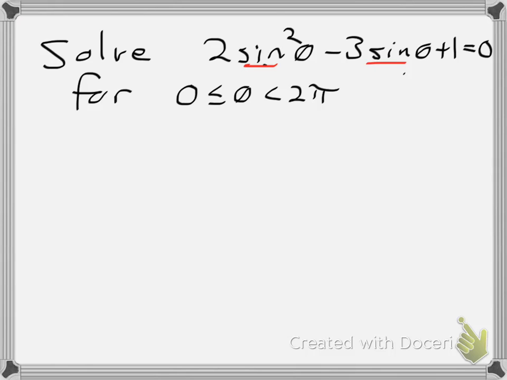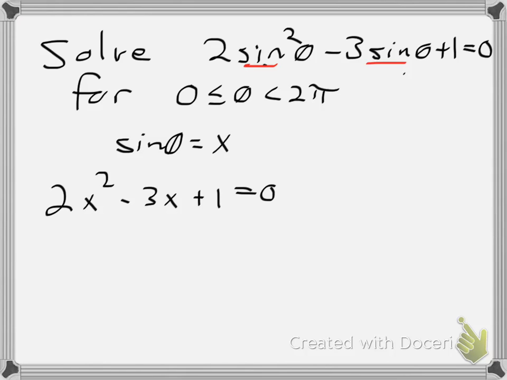Meaning that I'll think of sine of theta as, we'll call it, x. And I'll make a substitution. So this becomes 2x squared minus 3x plus 1 equals 0.